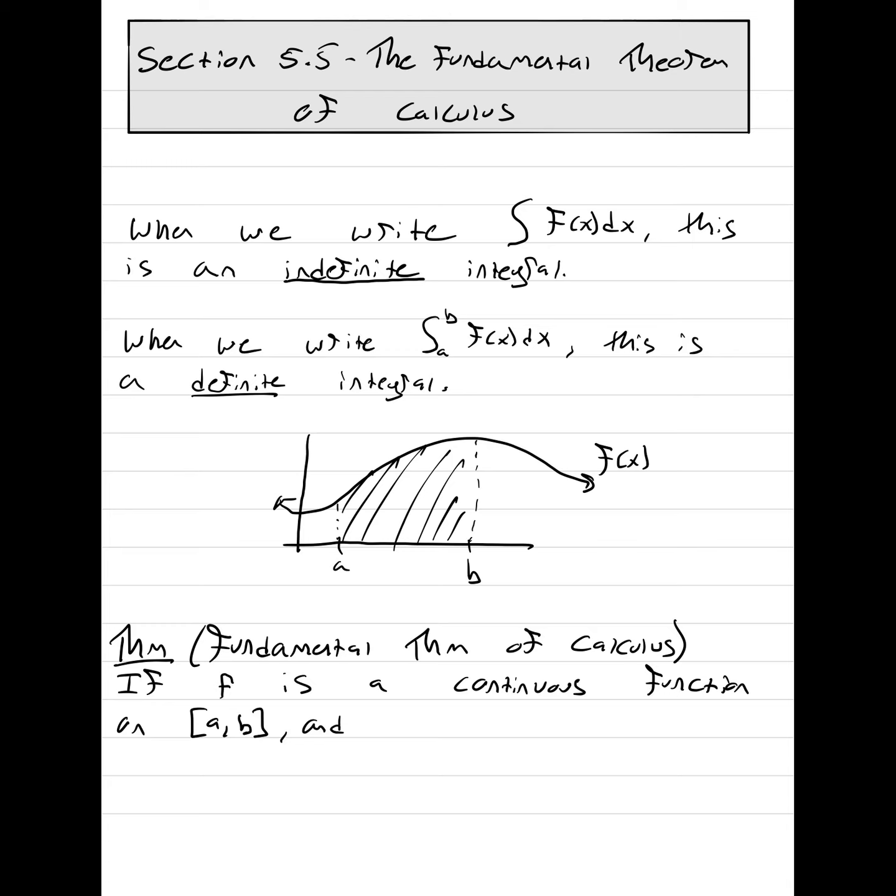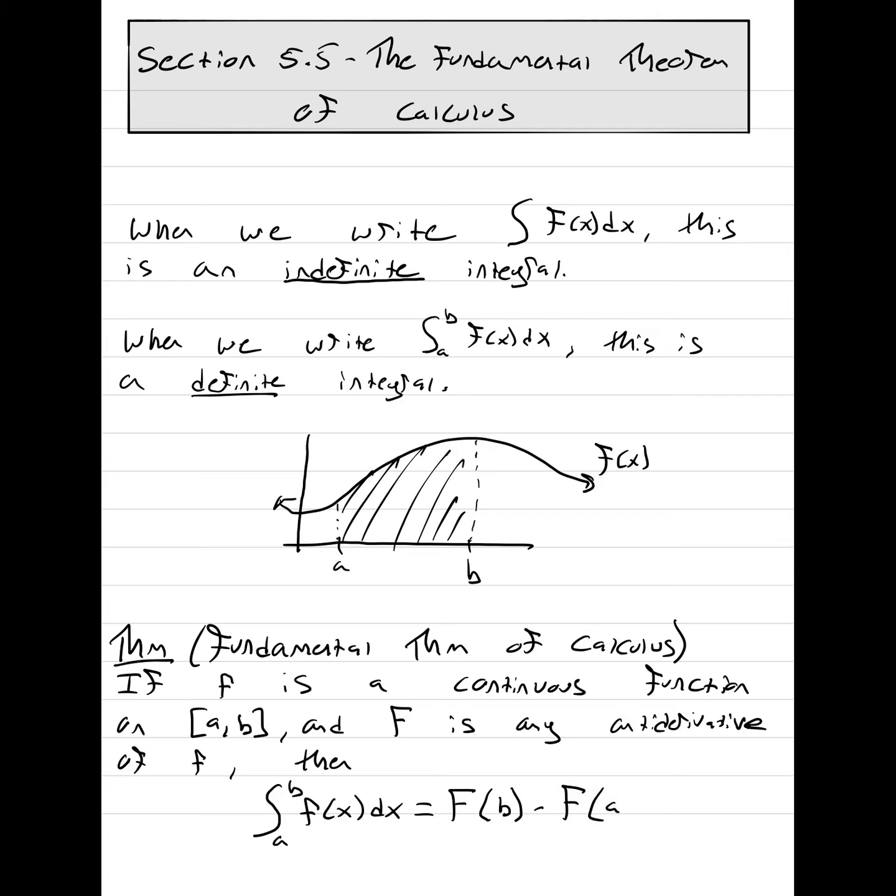If little f is a continuous function on [a, b], and capital F is any antiderivative of little f, then, and here's the punchline, the integral from a to b of little f of x dx is equal to the antiderivative evaluated at b minus the antiderivative evaluated at a.